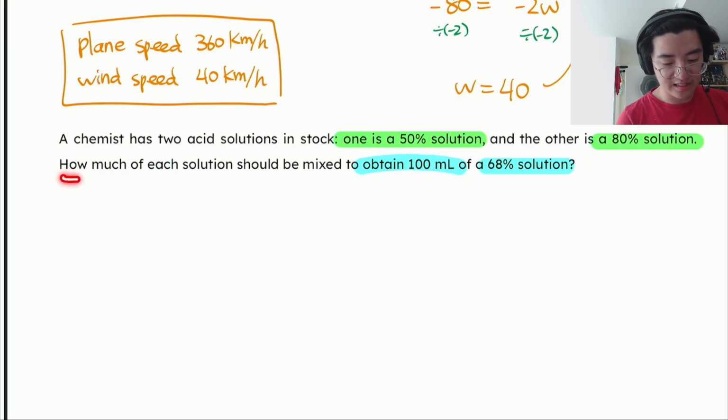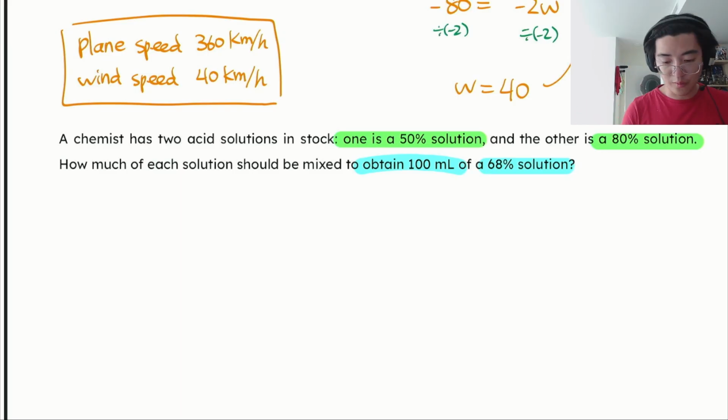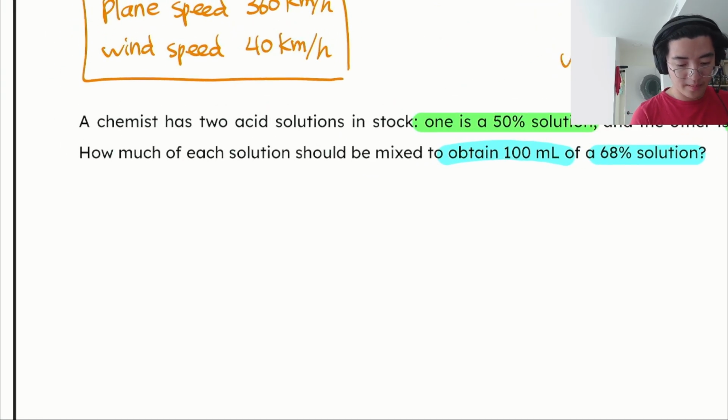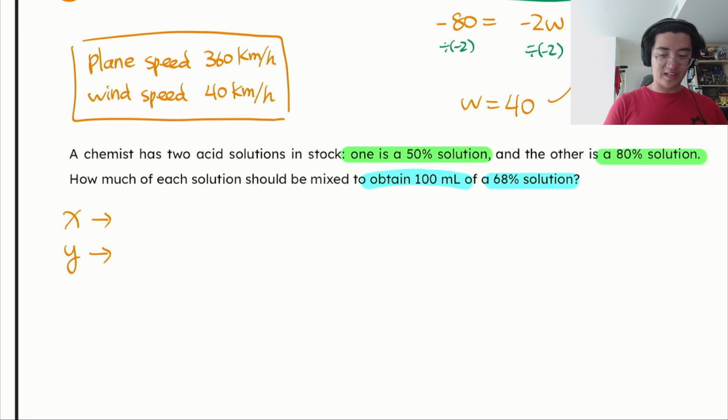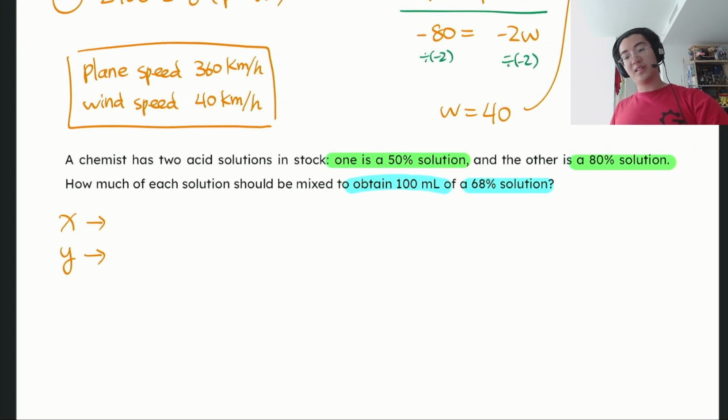The question is asking how much of each solution. So that's essentially saying how much of the 50% solution and how much of the 80% solution should be mixed together to make 100 mils, and the resultant solution is 68%.